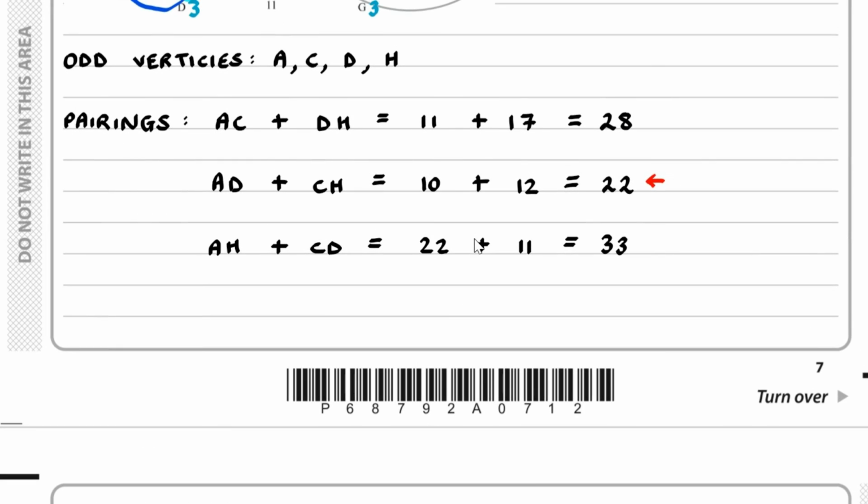So what we can see here then is we would repeat AD, and then we've got CF, then we've got FE, and then we've got EH, which are repeated.